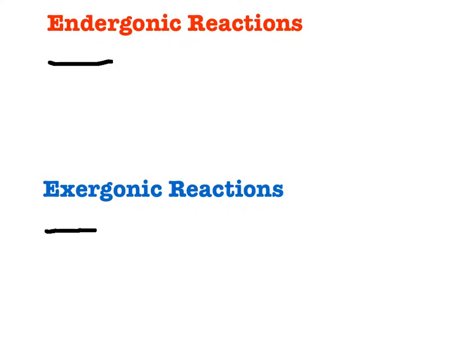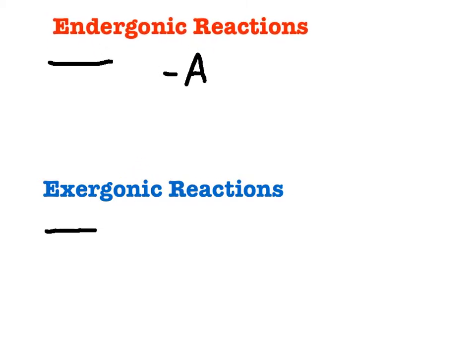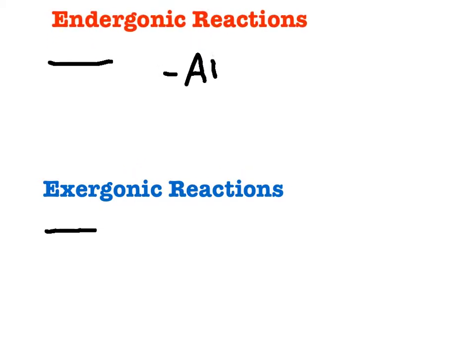So endergonic reactions are reactions that absorb energy. So these are reactions, if they're absorbing energy into them, are putting energy into the system. They are sort of holding on to energy.